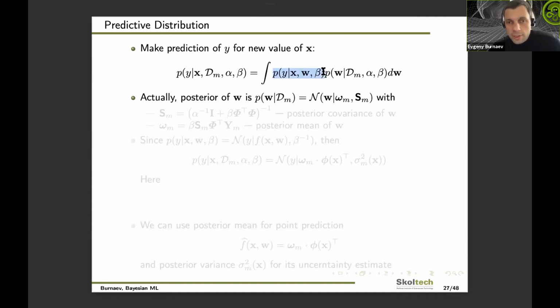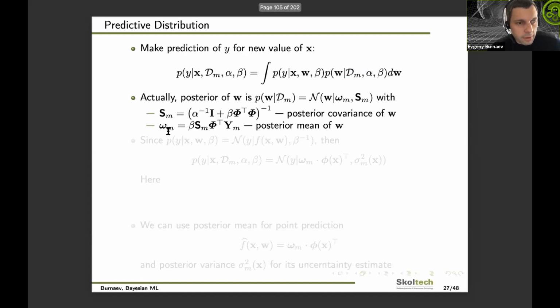Here the distribution is Gaussian with the vector x and the vector of parameters w, and this is the posterior distribution of w given the data set. I just proved in the previous slide that the posterior distribution of W given the data set is Gaussian with mean value given by some vector of parameters omega, and the covariance matrix given by this formula.